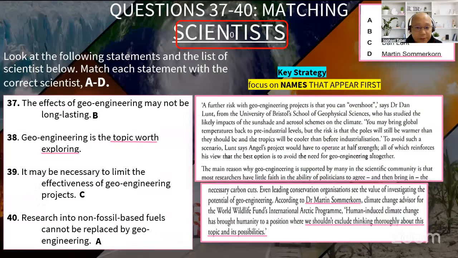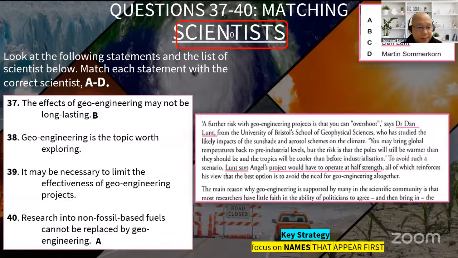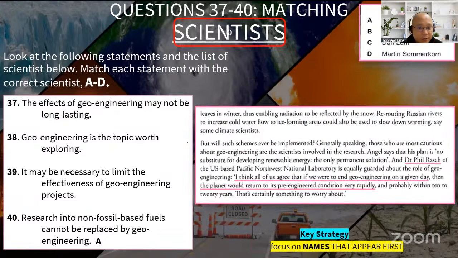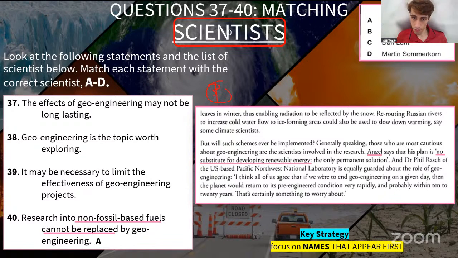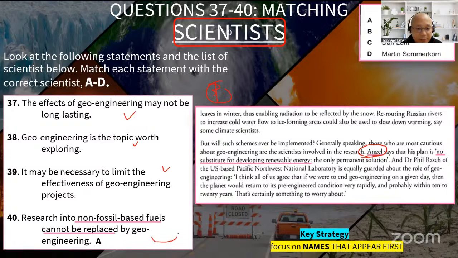Let's say here, for example, maybe in paragraph A or paragraph B. For example, Roger Angel. So I think this name appears in paragraph A or paragraph B, all right? And after that, they have to locate the answer here, 37, 38, 39. They have to read, okay?